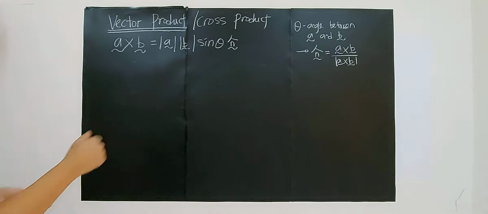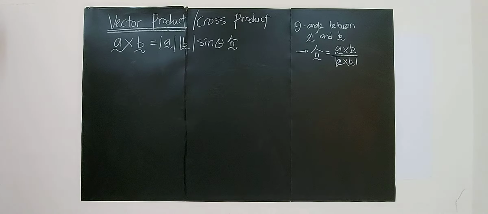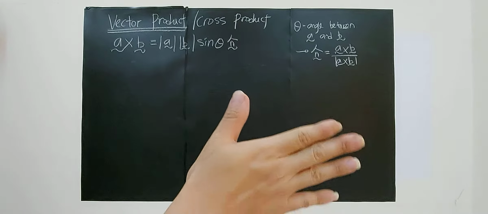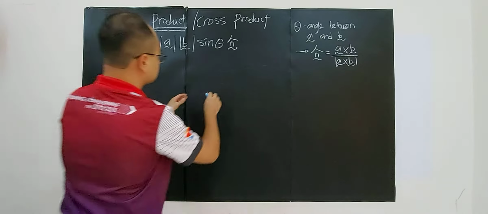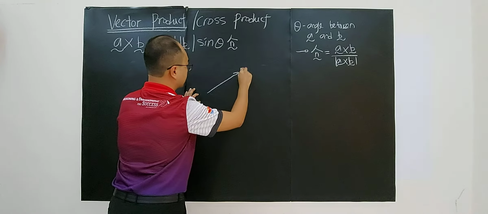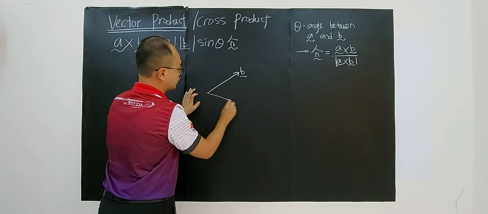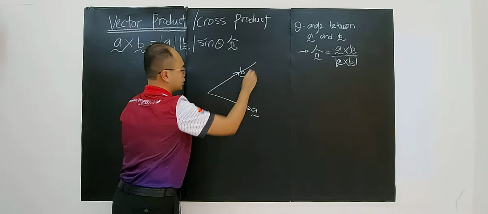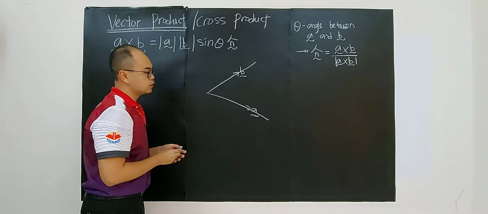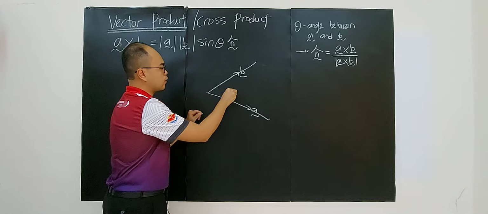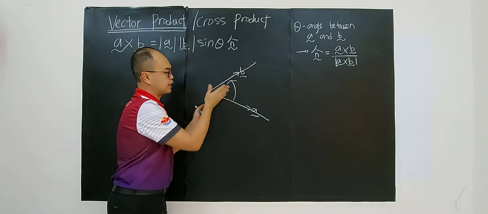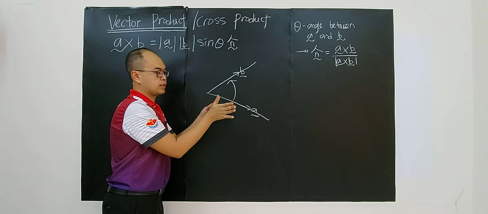Becoming a right-hand system means, let's look at this. Say we have vector A and vector B in their respective directions. Moving from A toward B, we define this to be A cross B, the right-hand system.